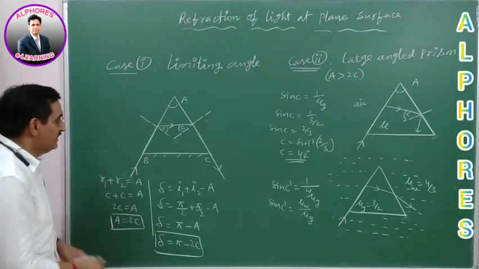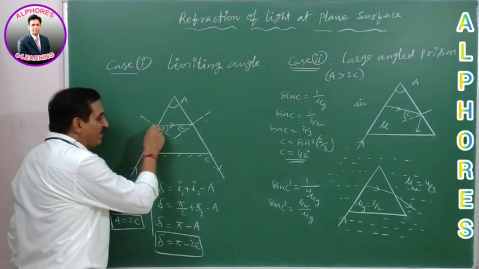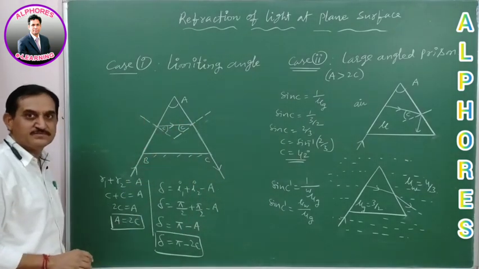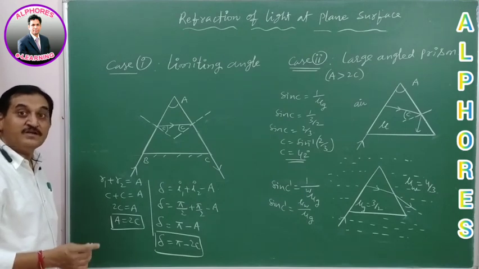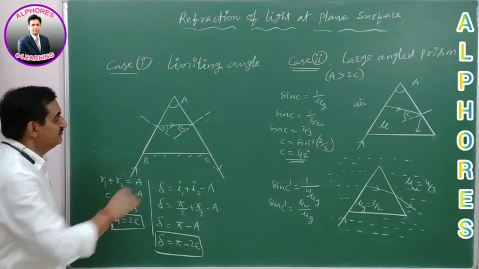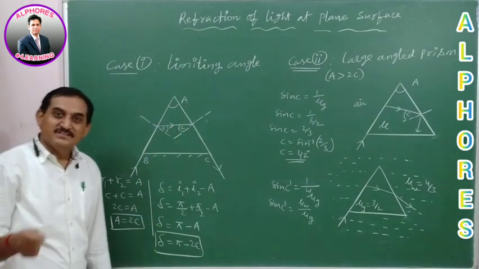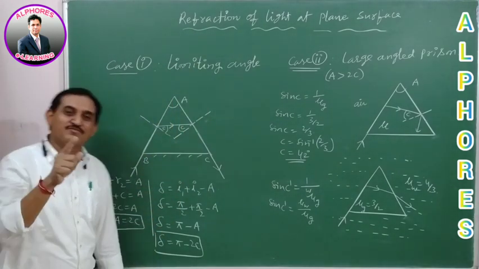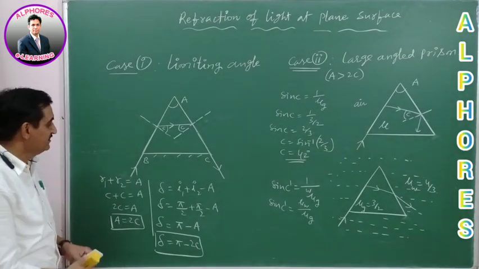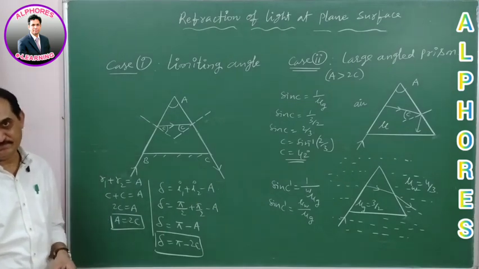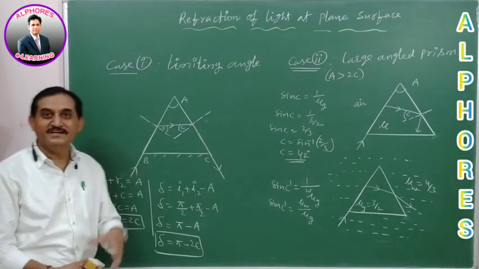That is, limiting angle is the angle of prism for which grazing incidence finally gives grazing emergence. That is called limiting angle.